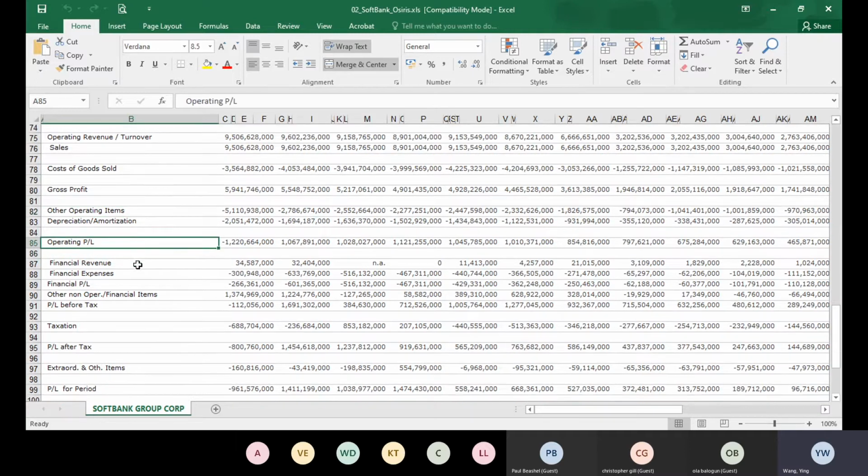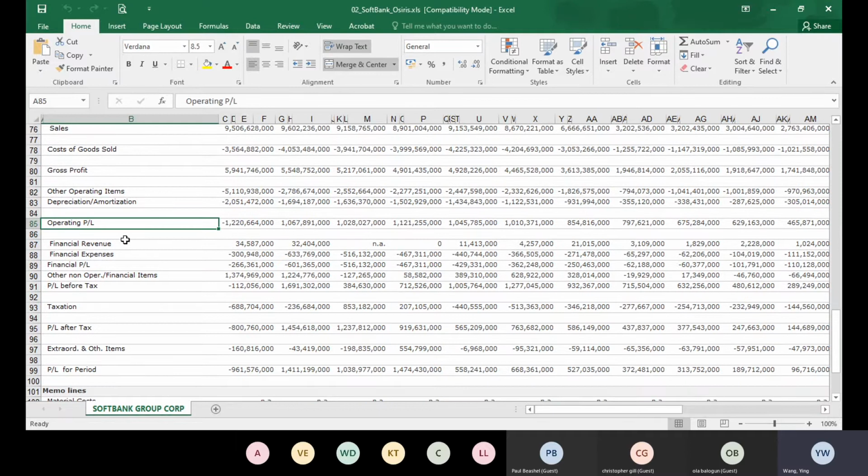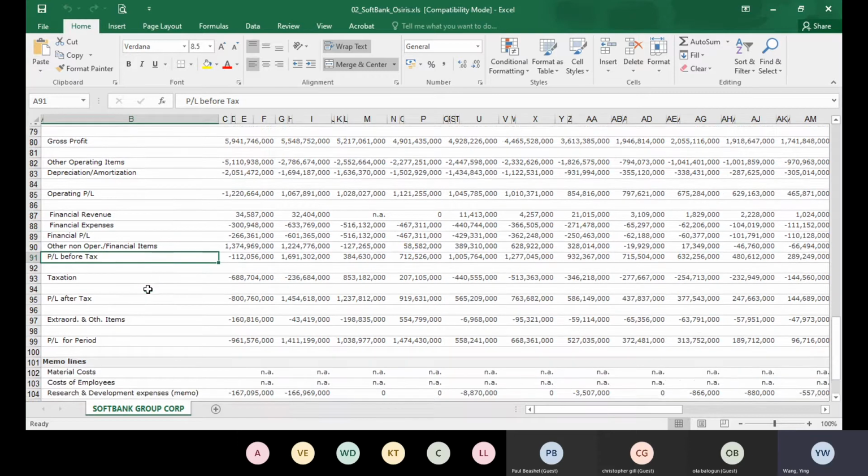Following this, you will consider the financial revenue and financial expenses. It depends on, for example, if you borrow from banks, you have the interest, etc. So that is what goes here. After taking away those finance costs and considering the revenue, you will have a profit before taxation.